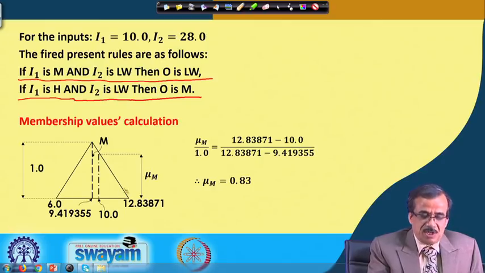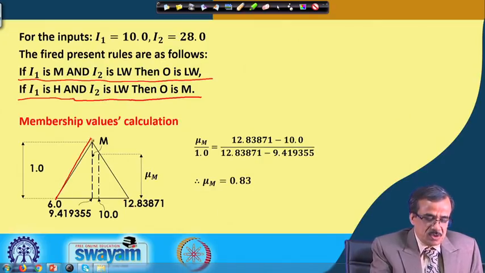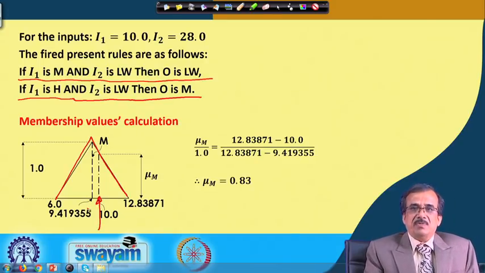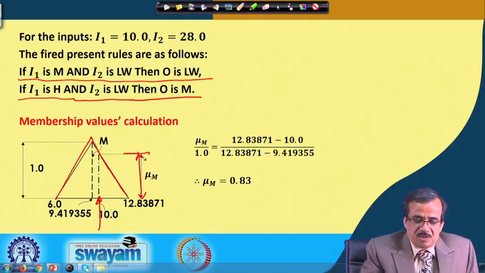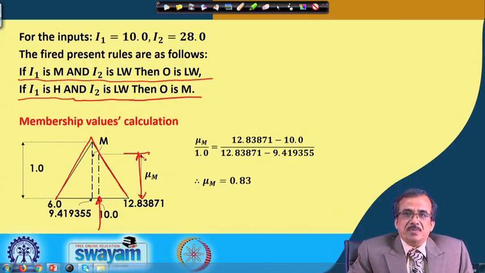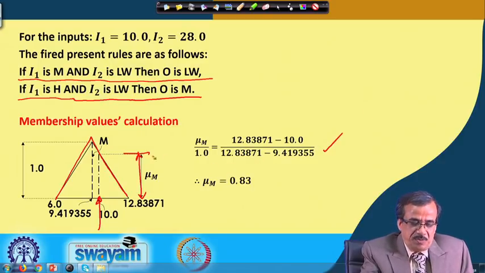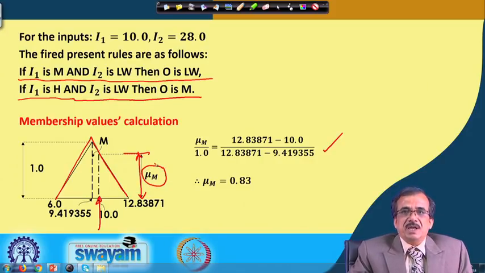Now, corresponding to this, if I 1 is medium, this is the membership function distribution for medium. I am passing I 1 equals 10, so I should be able to find out the membership function value. I have already discussed that using the principle of similar triangles, very easily we can find the membership function value corresponding to medium.